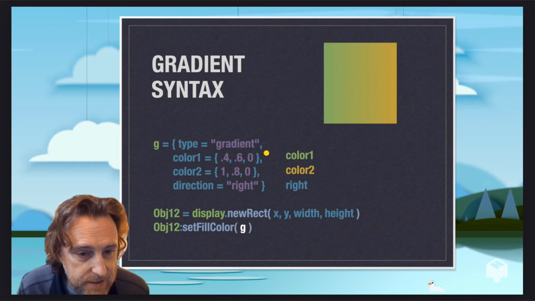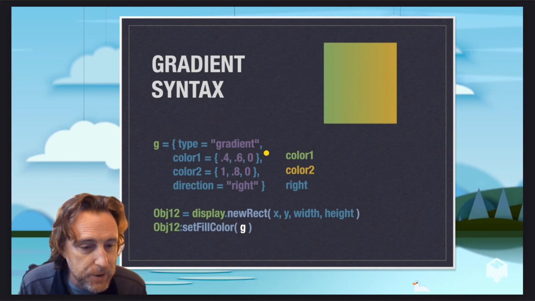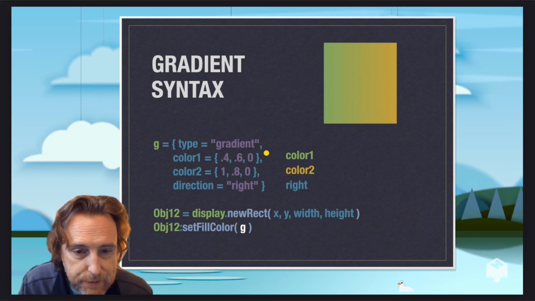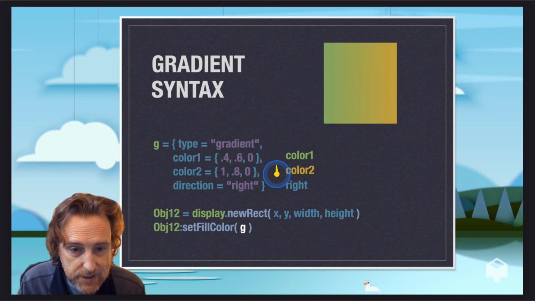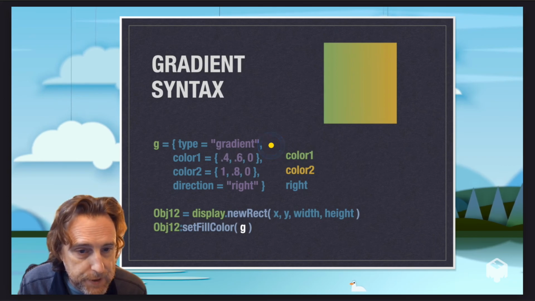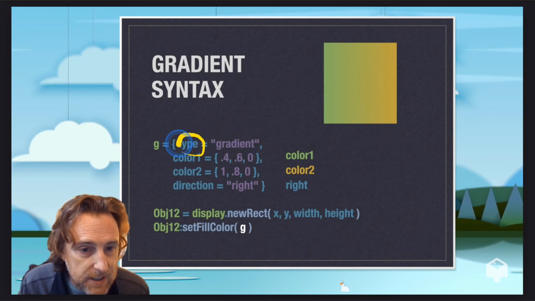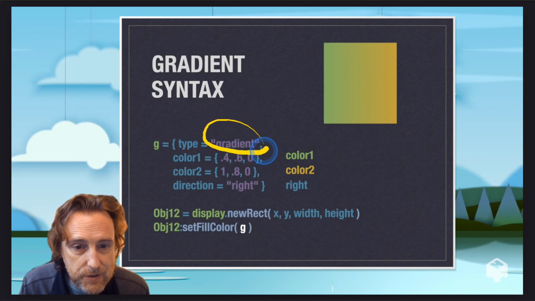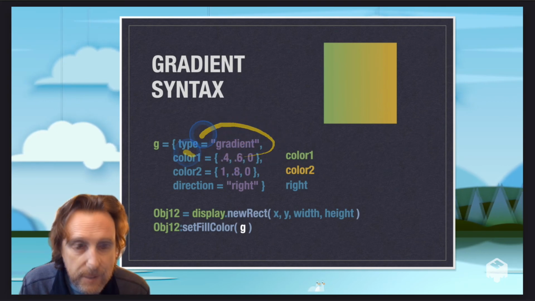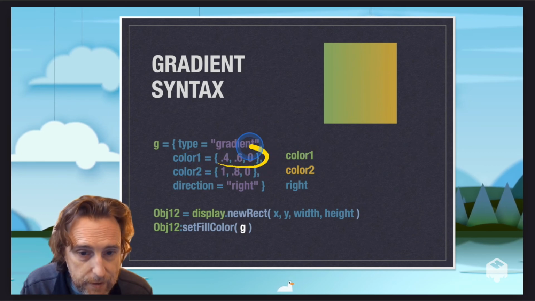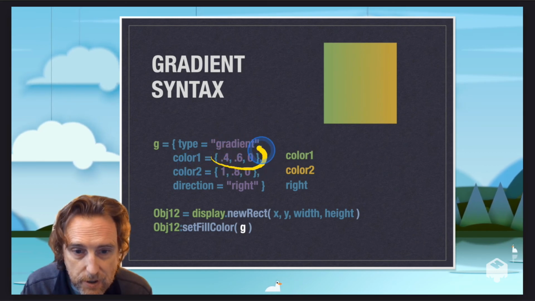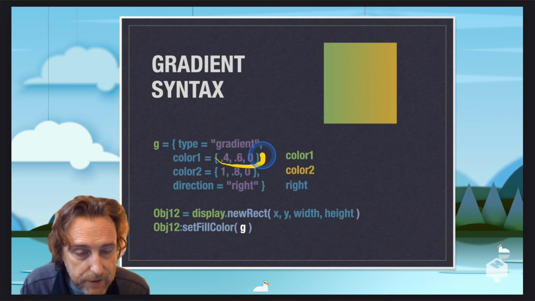And in this case, it's 4 key value pairs. And I've divided them up into 4 lines just to make it easier to see. The first key value pair is, the key is type, the value is gradient. The second key value pair is the color 1 key with then another table, which is an RGB set of values.